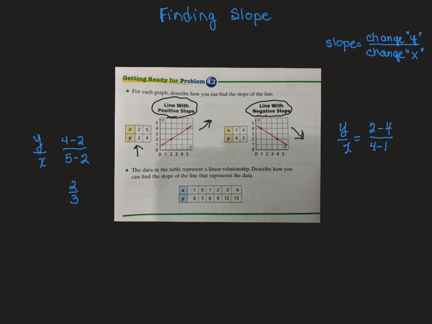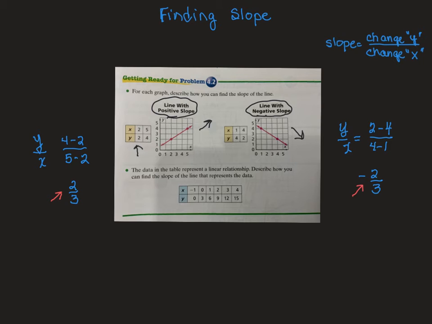That's going to be negative 2 over 3. So that slope is negative 2/3. That means that as x increases by 1, y decreases by 2/3. So notice that if the slope has a negative sign, the line is going down. If the slope is positive, the line is going up. So I'm looking for the signs there.